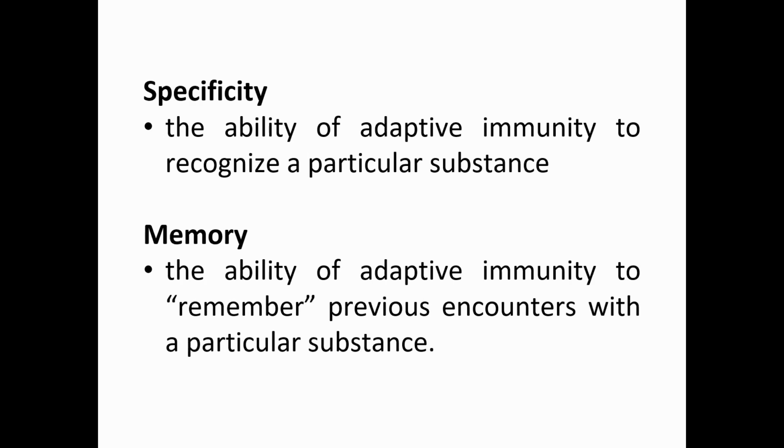When we say specific, it is the ability of the adaptive immunity to recognize a particular substance, meaning it can recognize specific microorganisms. When we say memory, it is the ability of your adaptive immunity to remember previous encounters of that microorganism, and it can produce an immediate response.